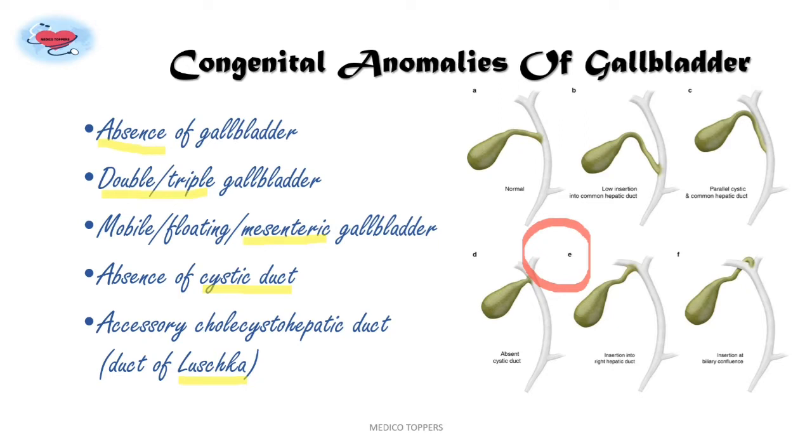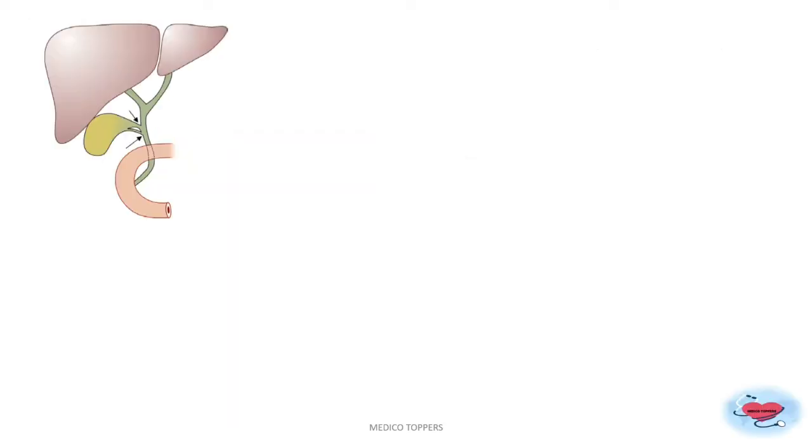Next, low insertion of cystic duct into common hepatic duct. In this picture we can see absent cystic duct, and in this picture double cystic ducts, so they are forming the gallbladder and joining the common bile duct.